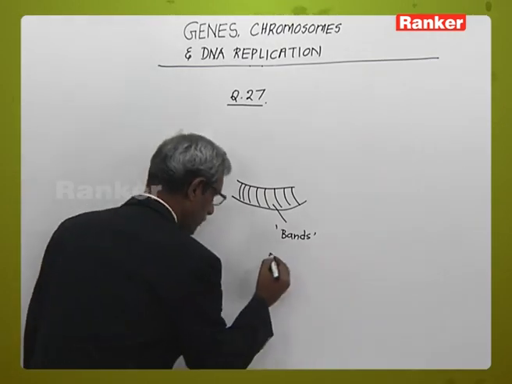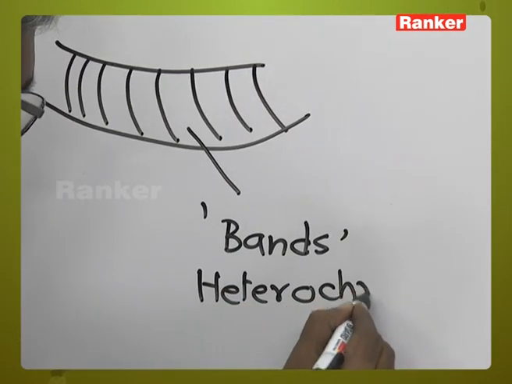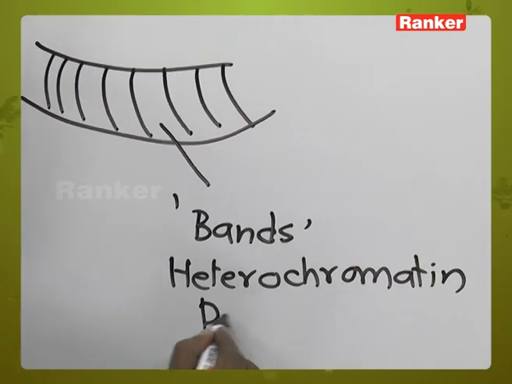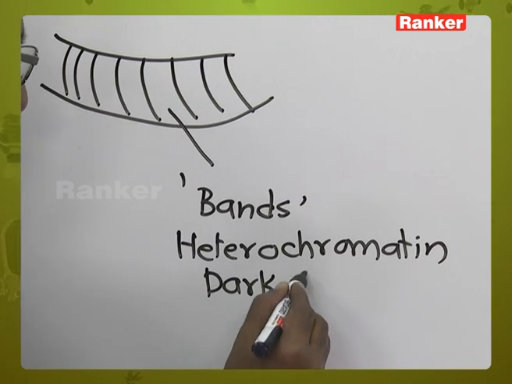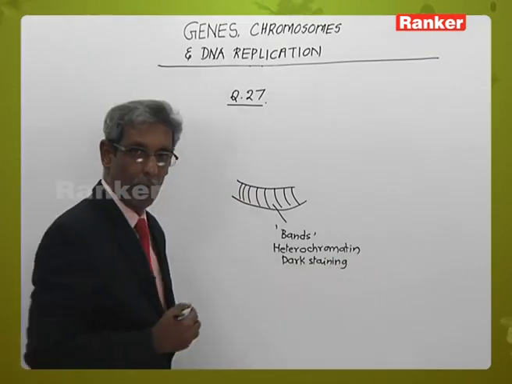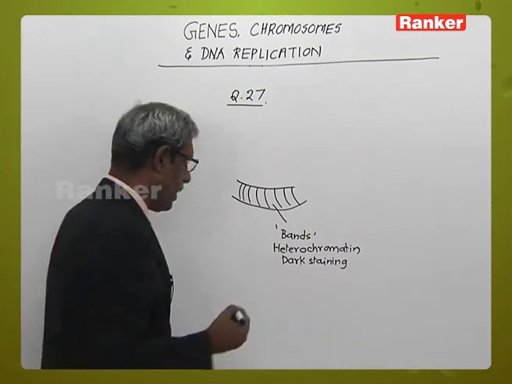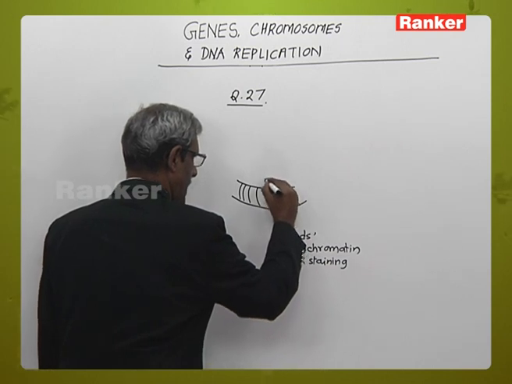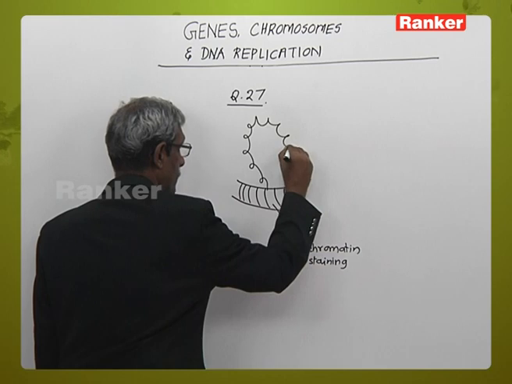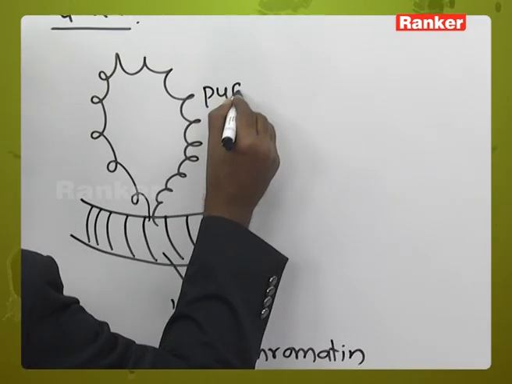They are regions of heterochromatin and they are dark staining. During activity, that is when RNA synthesis has got to occur, the same bands will puff and this region is termed as puffing.